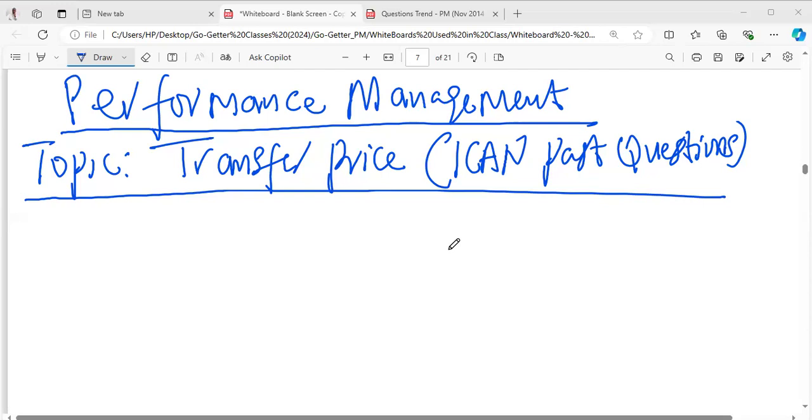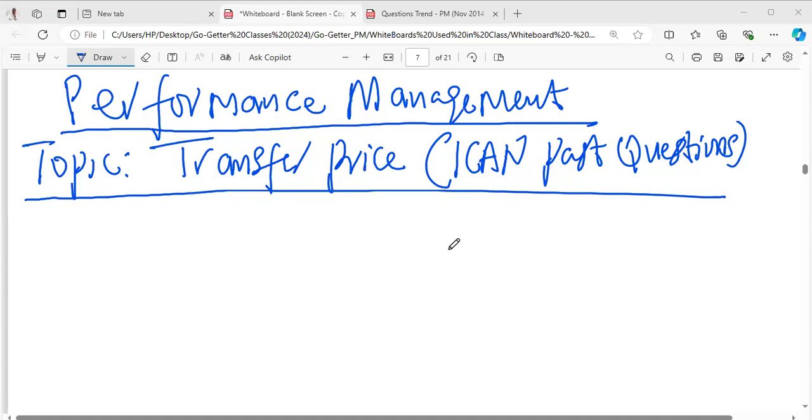When we do transfer, it doesn't increase the organization's income or change its expenses. It's just an internal transfer. We saw some questions where we had to look at transfer pricing at variable cost, full cost, market price, and opportunity cost.